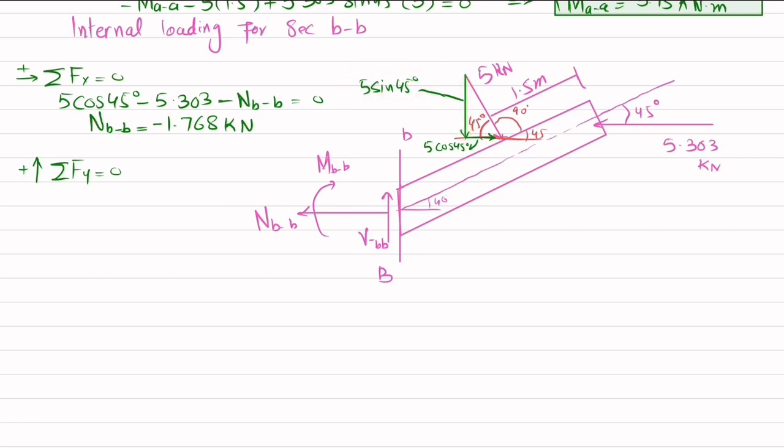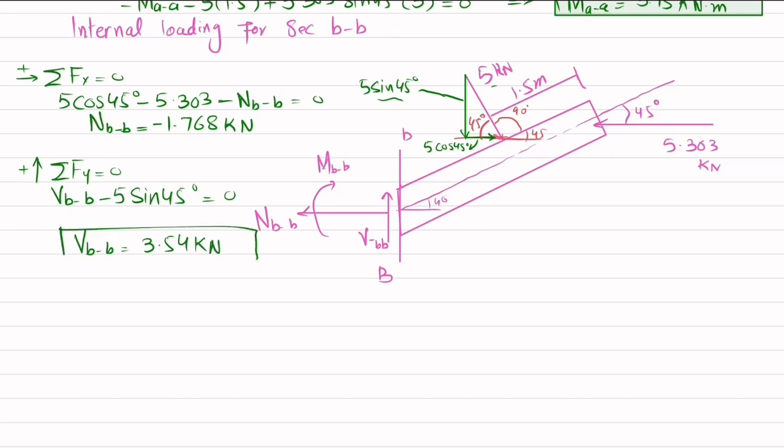The other one has no vertical component, because we have taken the horizontal component like this one. So what will be the VBB? VBB minus 5 kilonewton into sine of 45, minus 5 into sine of 45 degree is equal to 0. So it means that VBB comes out to be 3.54 kilonewton.